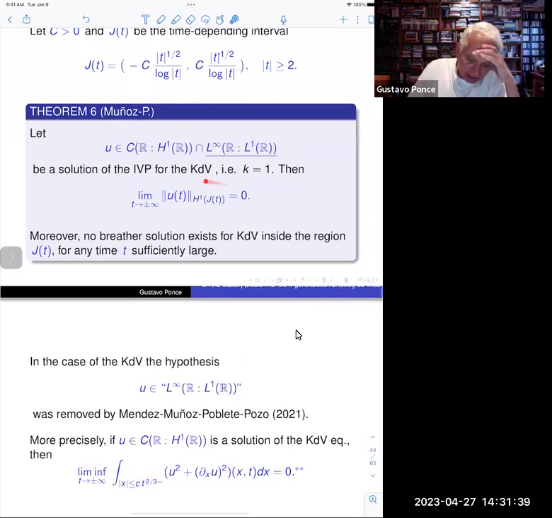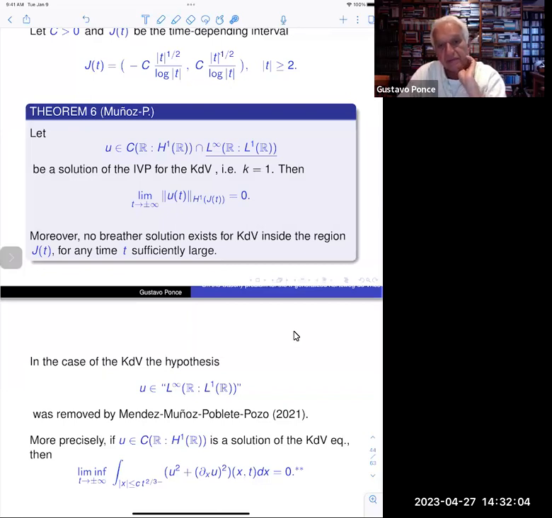But this limit is not a limit, it's a liminf. That means that there is a sequence of times that satisfies this. You remove this hypothesis, you are in a larger interval, but you don't have the limit. You have the limit along a sequence of times. That's the improvement that they got.